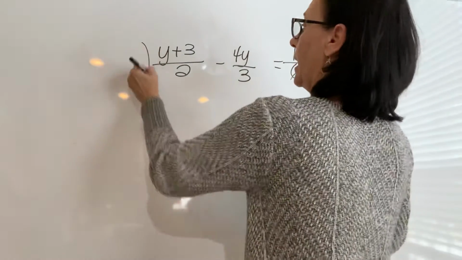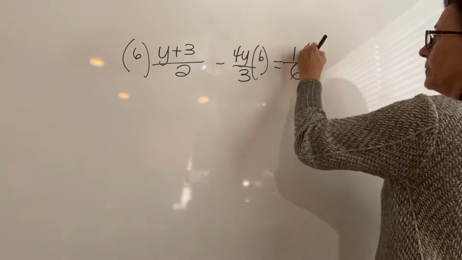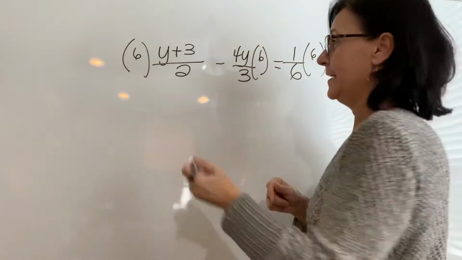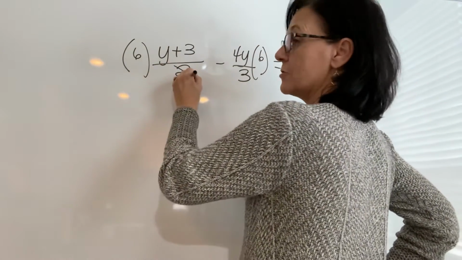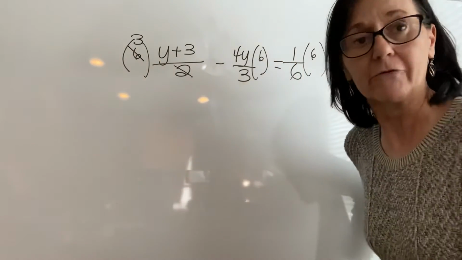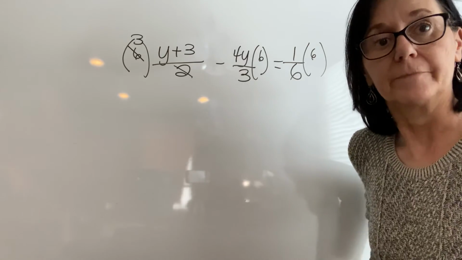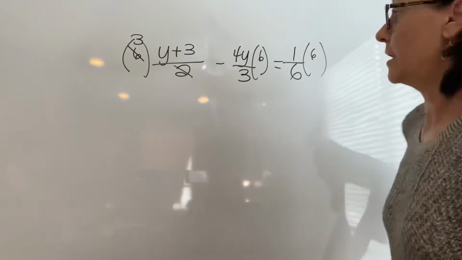So I'm going to multiply every term by 6. But before I multiply, I will simplify. So I simplify the 2 and the 6. 2 goes into 2, 1, and it goes into 6, 3. See, I don't have to write anything over 1. Anything over 1 is just what's in the numerator. So that's how we're eliminating our denominators.